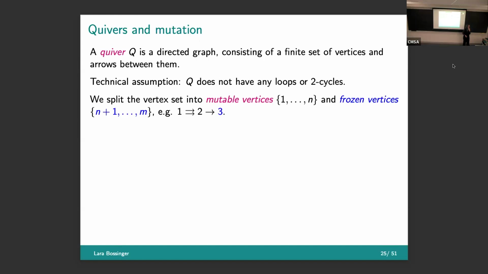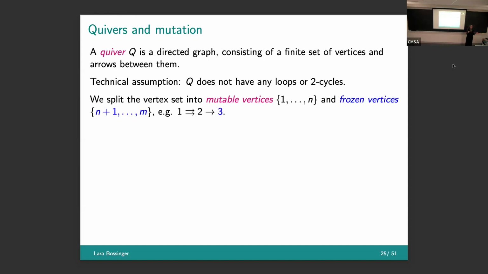Okay. So let's go through the combinatorial layer that we need to define cluster algebras, and that's quivers. We have this technical assumption on our quivers that they don't have any loops or 2-cycles. And we have a given quiver, and we're going to decide to split the vertex set into parts.